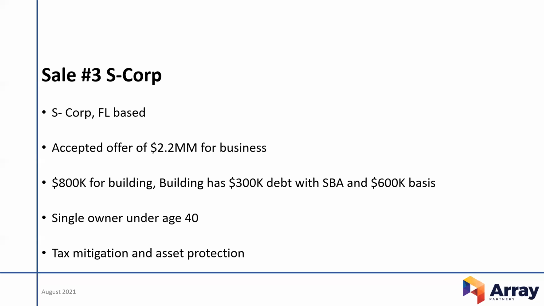This open market? Open market. Okay. So there might be some seller financing. I would look at that because you're going to make more money on seller financing. But with the SBA loan, that's going to make it tougher because it's kind of hard to do seller financing and include that in there.